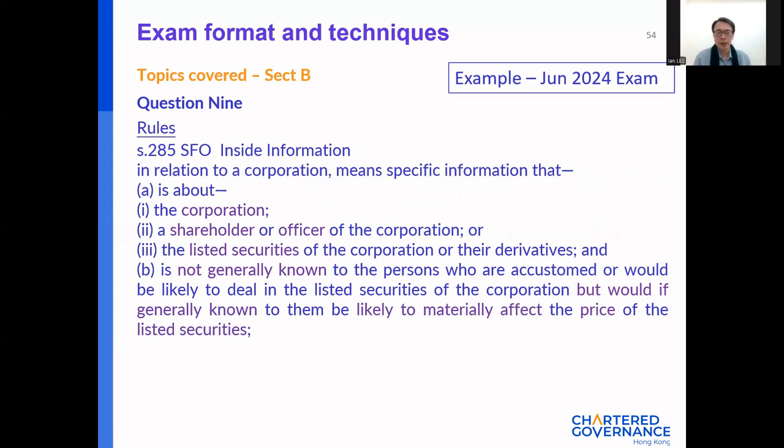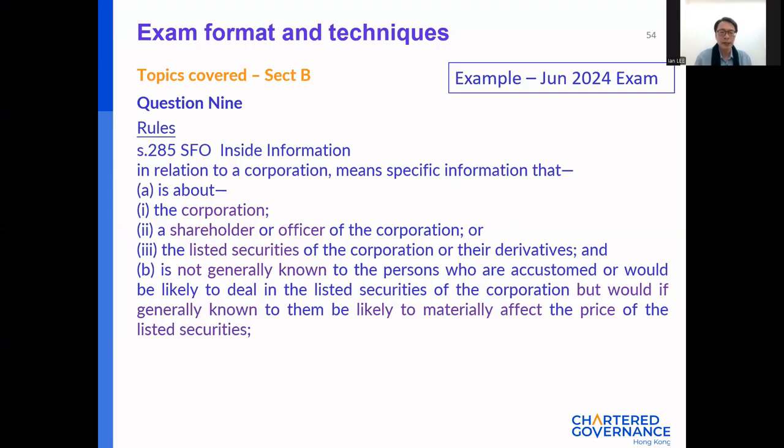So that's defined in Section 285. It can be specific information about the company, about a shareholder, about officer of the company, or the listed securities. Okay, so information about any one of them can already satisfy the first part of the definition of inside information. Okay, so what type of information are we talking about?